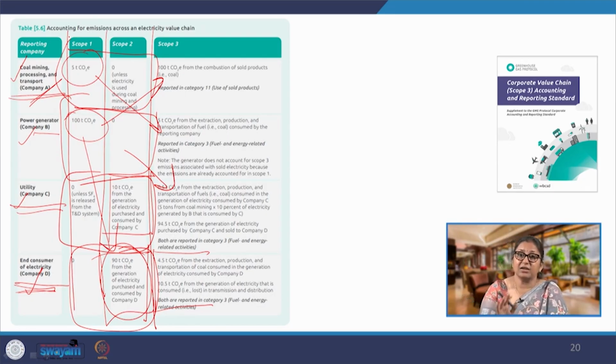And that is why today largely the world is focusing on scope 1 and 2 emissions, and even when we do not have a lot of clarity on scope 3 activities in our value chain, it is still being encouraged that companies go for scope 1 and 2 reporting, if not scope 3, which is a large value chain.